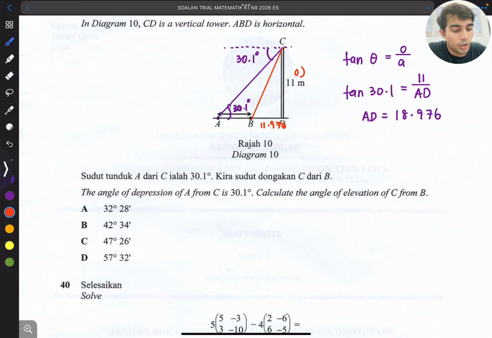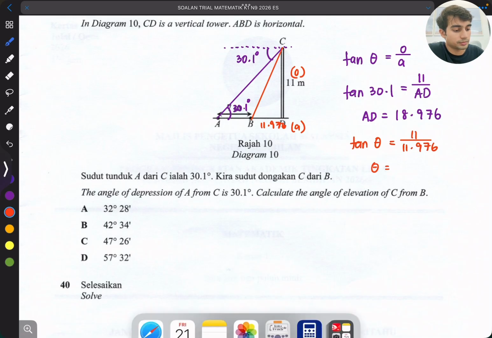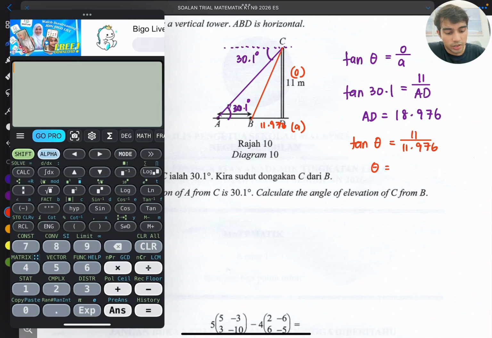So now that we have the opposite and the adjacent, we can use back our tangent theta, opposite over adjacent, to find the theta. So it will be the shift tangent of 11 over 11.976. 42.57.